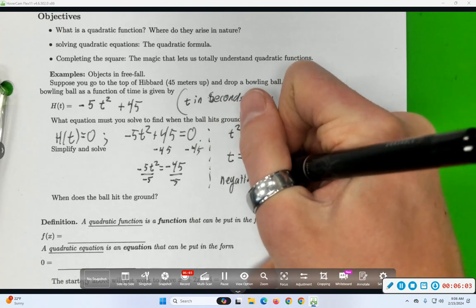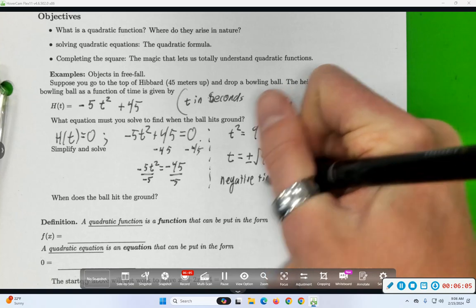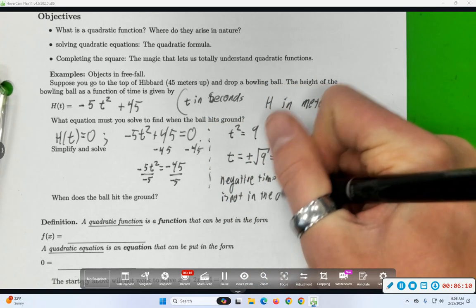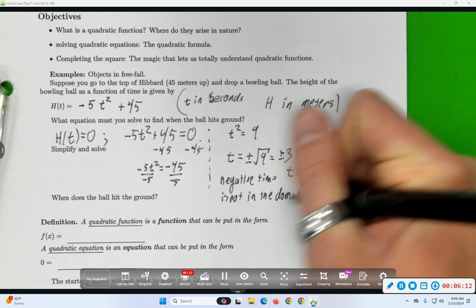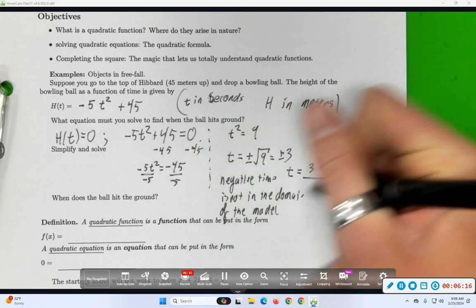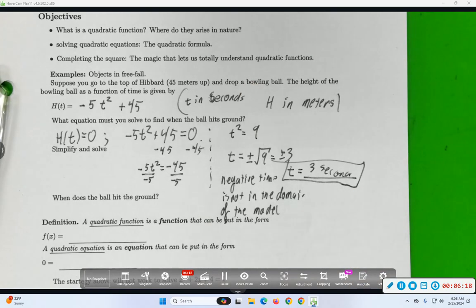Negative time is not in the domain of the model. So you just have t equals 3 seconds. So the ball hits the ground 3 seconds after you drop it. That feel pretty good? All right.